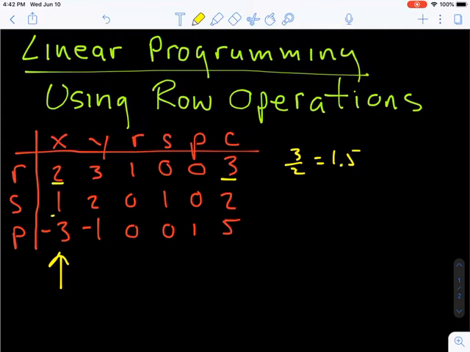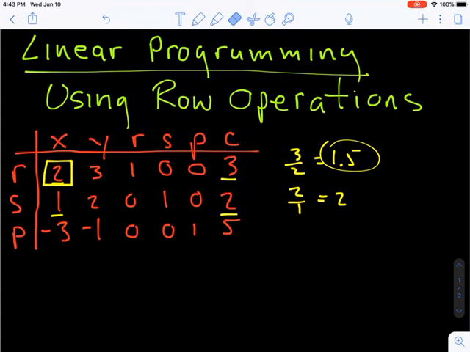And I'm going to take the ratio of the 2 divided by 1, which is 2. We're looking for the smallest ratio. Smallest ratio is 1.5. So the number in the pivot column in that row is our pivot. So it looks like 2 is going to be our pivot.